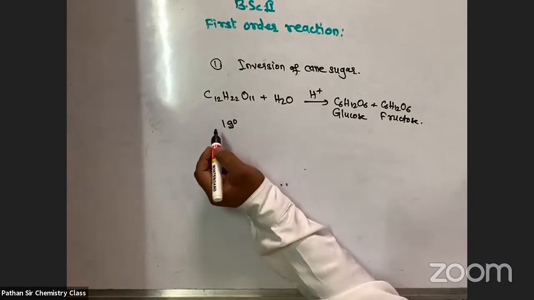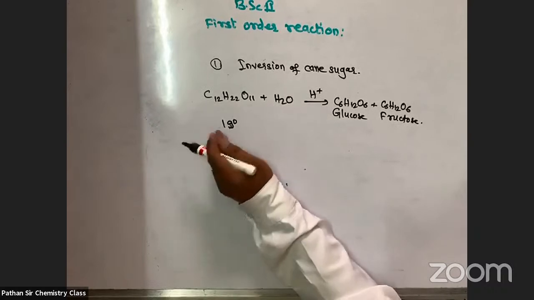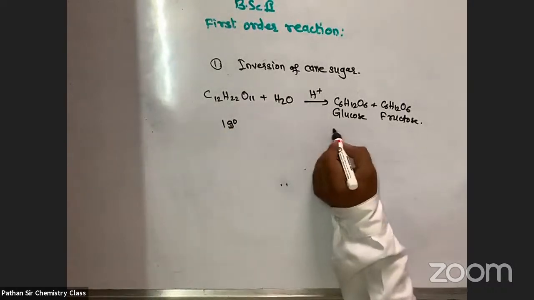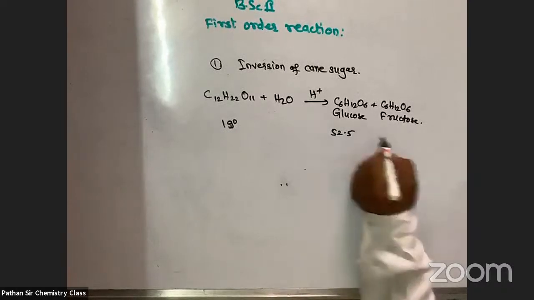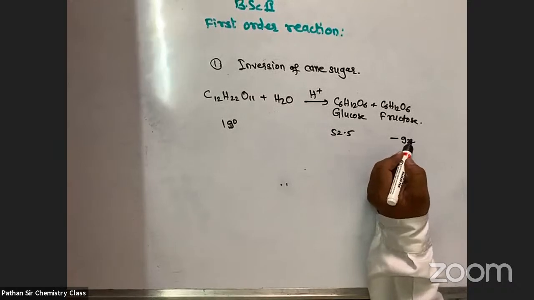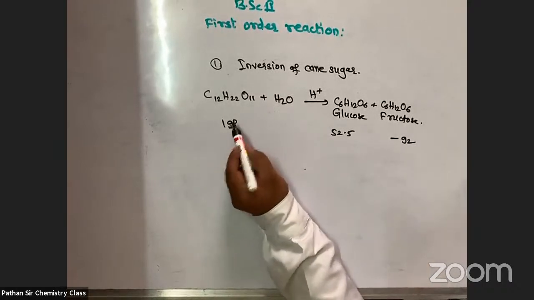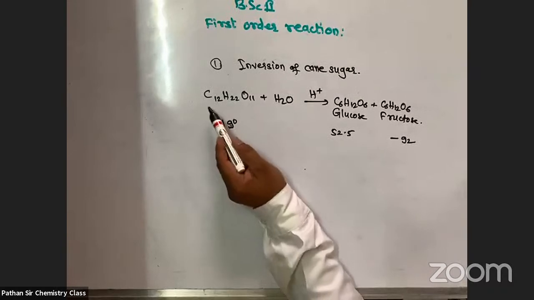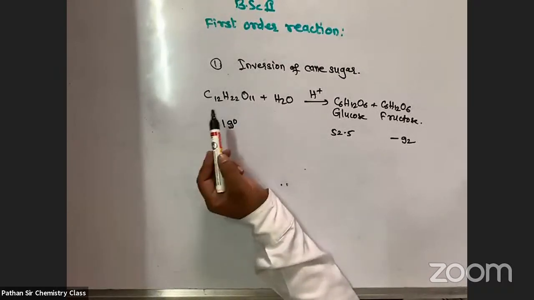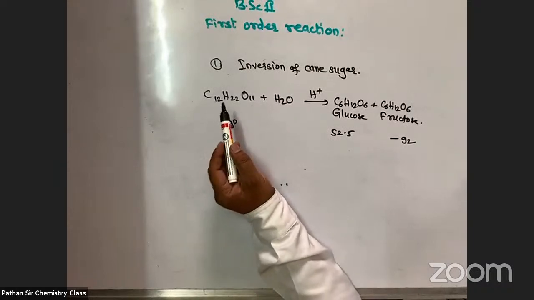Now if you look at their rotation in plane polarized light in a polarimeter, sucrose is 90 degrees, glucose is 52.5 and fructose is -92. So what happens initially? The rotation of the sucrose is towards the right hand side, it is dextrorotatory.